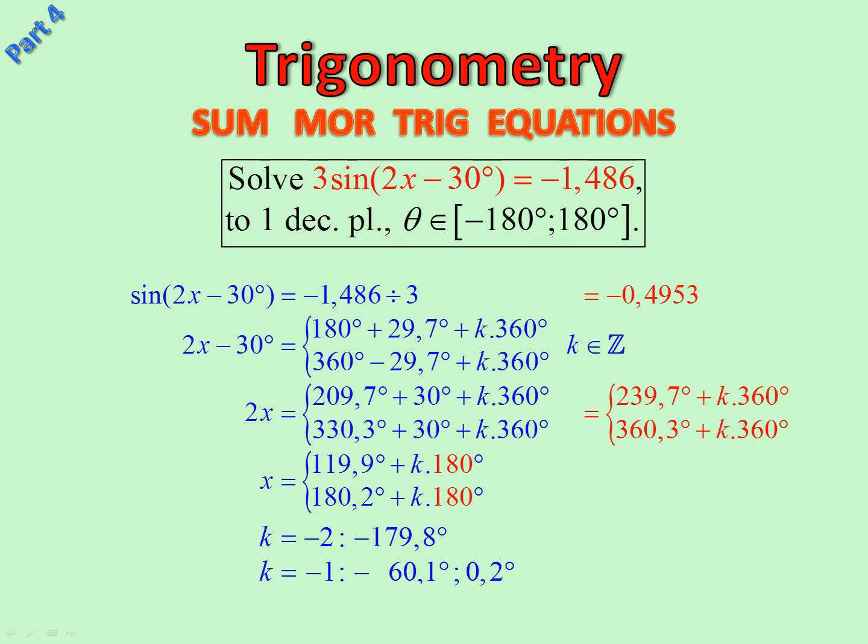Then I'm going to do k equals negative 1, two possible answers. That minus 180, that minus 180. Now I can do k equals 0. But only for that one, because this one will take it beyond the 180. So there it is there. There are my three answers.